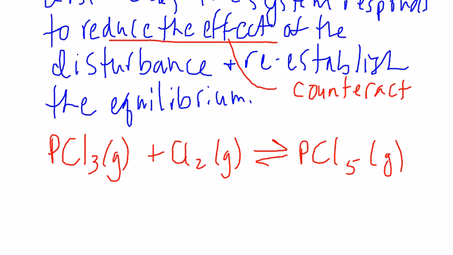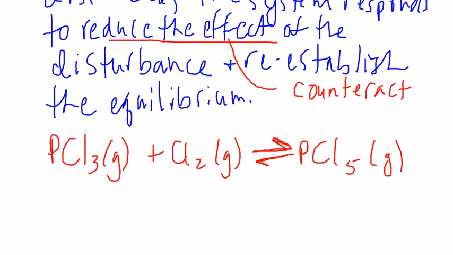Now let's say this system has reached equilibrium and the number of these molecules is not changing anymore because the forward rate is equal to the reverse rate, and the relative numbers of PCl5, Cl2, and PCl3 are not going to change anymore.